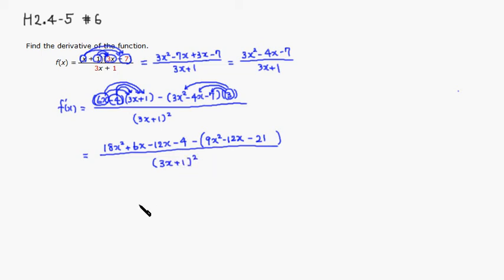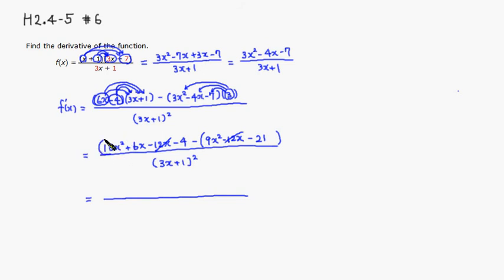All right, so let's simplify it a little bit further. You have negative 12x minus negative 12x, so you can cancel those. Then after that, we just have to collect the like terms. Let's collect the x squared term.